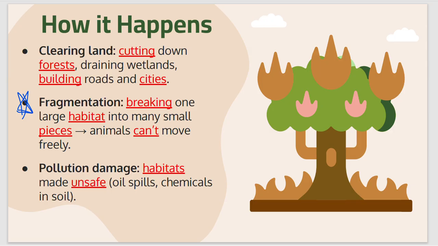This causes the issue of animals not being able to move freely. So fragmentation happens when we build cities and roads. When we're building roads, think through a forest, those roads are cutting that forest into 2 separate areas, instead of just one continuous forest.